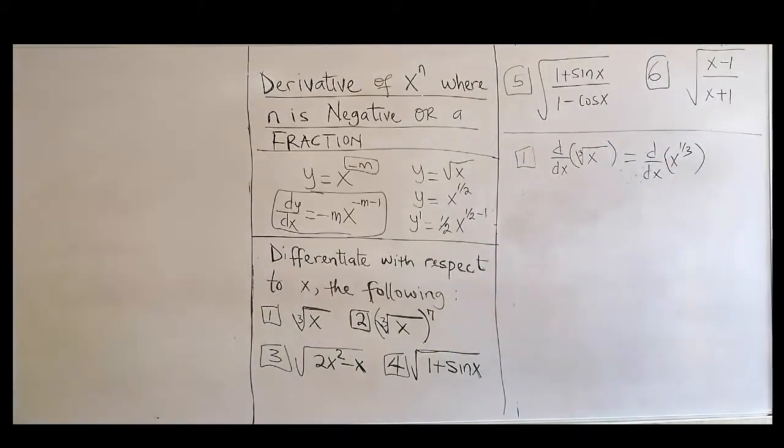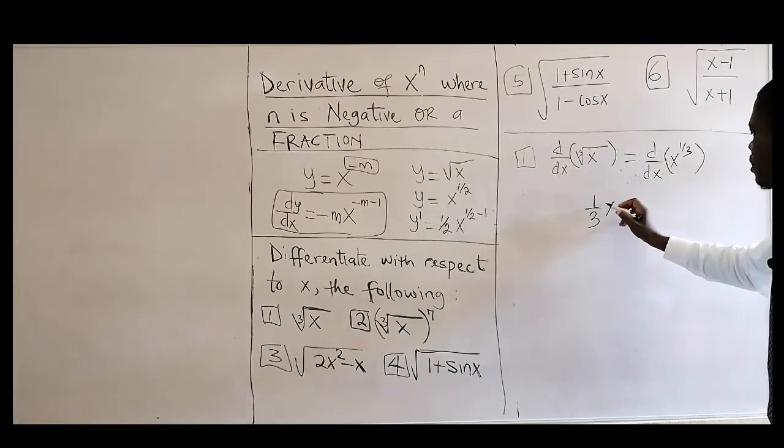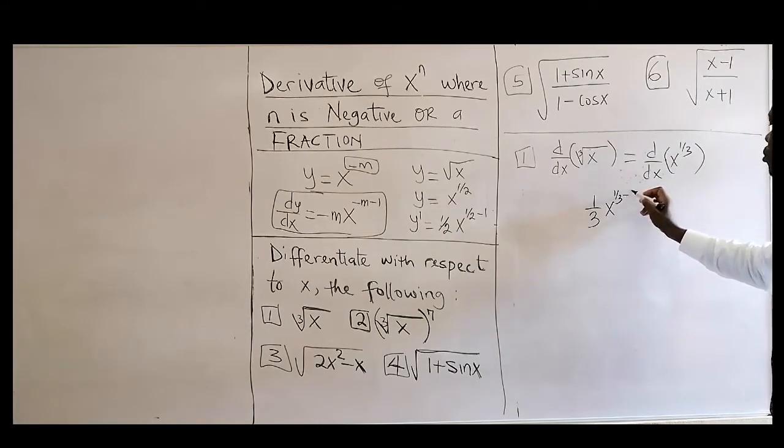Okay, so let's go straight to the solution of the problem. So this will now be equal, the 1 over 3 will go to the front based on the law of differentiation. Then the function itself, power 1 over 3 minus 1. And that will give you 1 over 3 times x to power 1 over 3 minus 1.